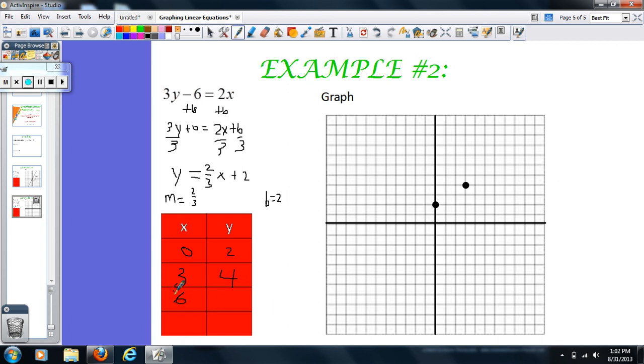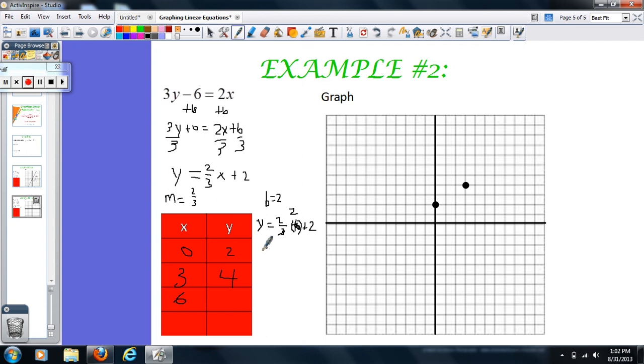talking about. So if I do 6 and we plug it in, we get y equals 2/3 times 6 plus 2, and I apologize, this is really hard to write with the mouse. 2/3 times 6, well 3 and 6 are going to cancel, and I'm left with a 2 here.